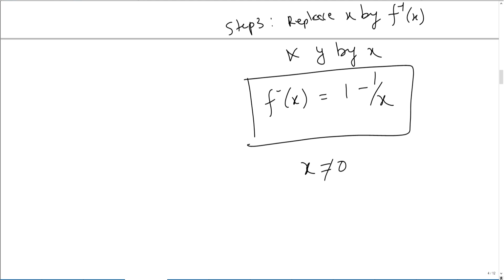The codomain of this function f inverse x, well, we can find it out using the same method. So let's replace f inverse x by y. y equals 1 minus 1 by x. So what possible values can this output take? That's what we want to figure out.